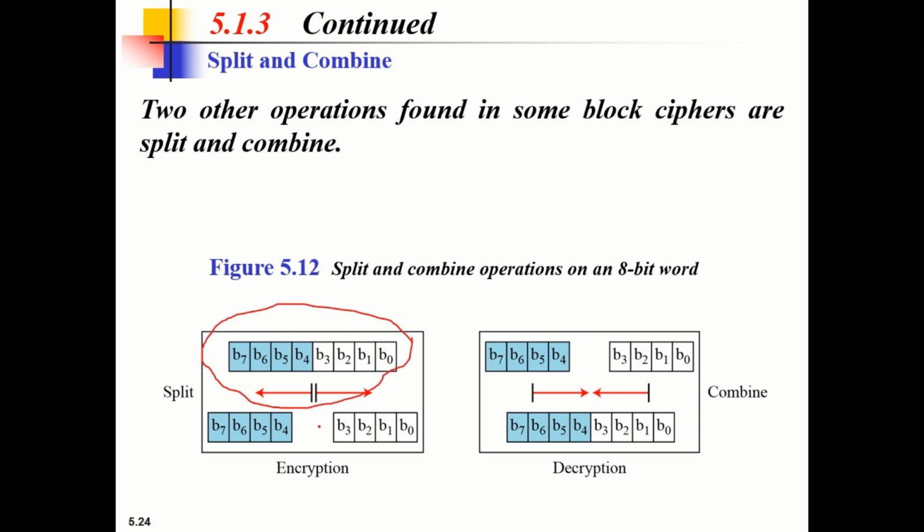Here we split it, in this example, into two parts, and at the decrypting end we combine these two parts which we split at the encrypting end. So this is another operation, called split and combine. We have discussed the shift operation, swap operation, and split and combine operation.